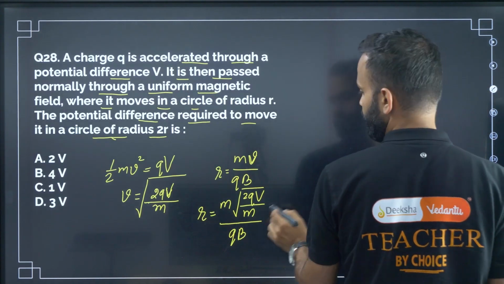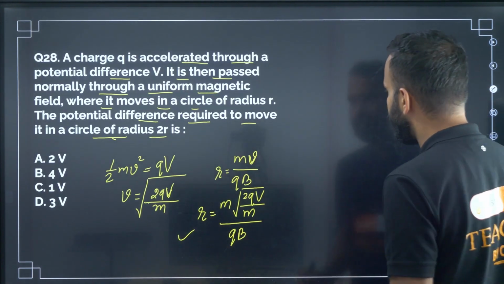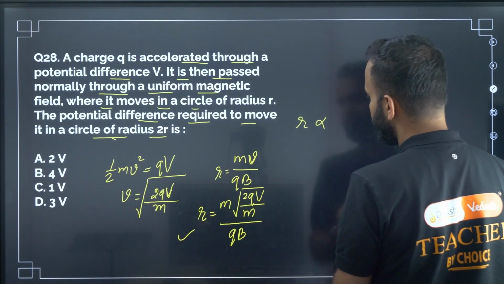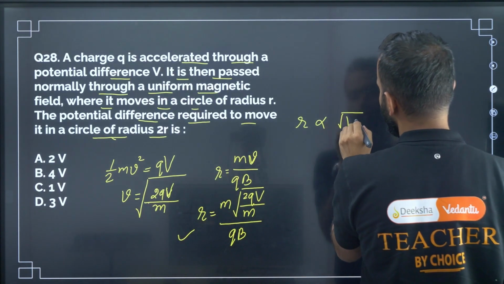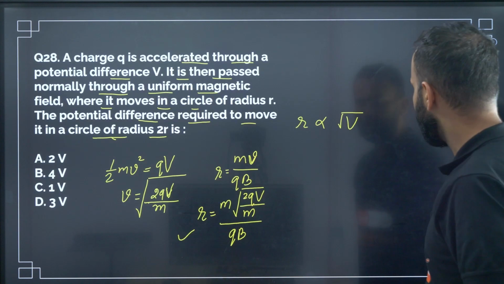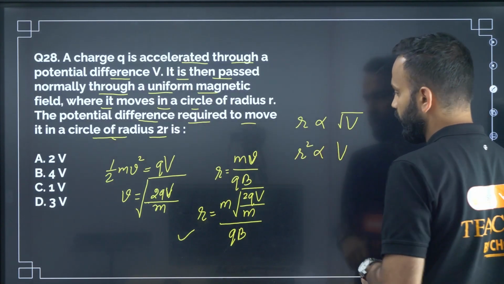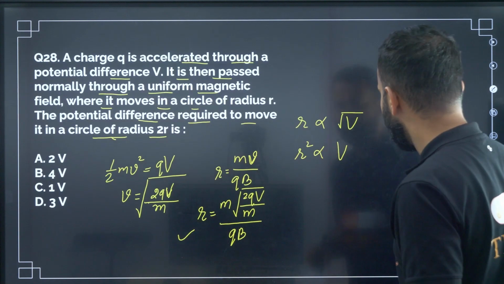From this equation I can conclude that the radius r is directly proportional to the root of the potential difference. Now r square is directly proportional to potential difference V.